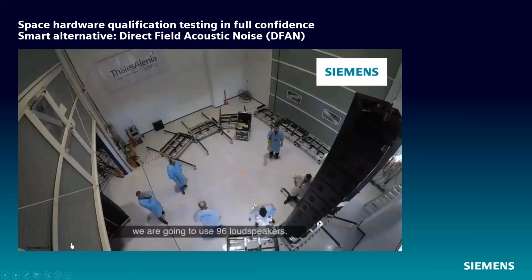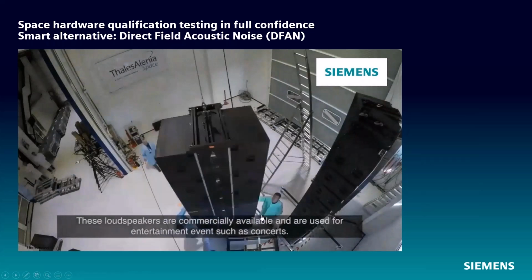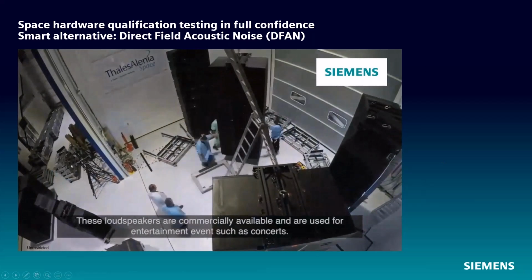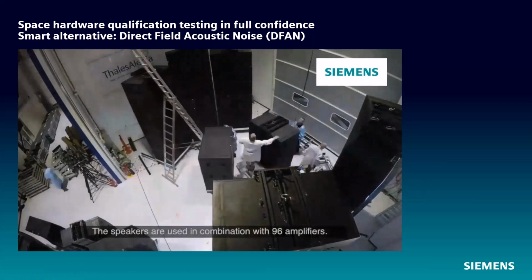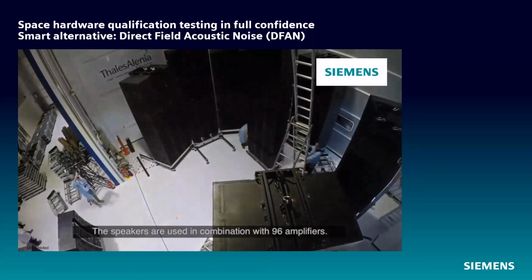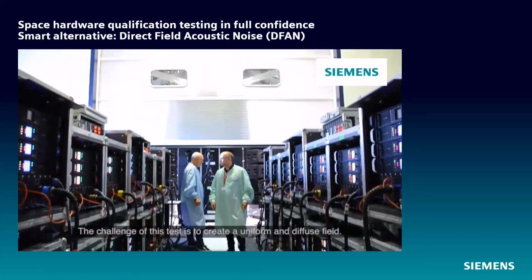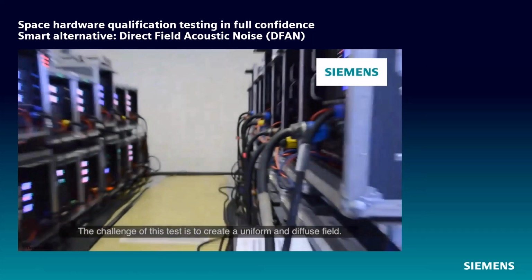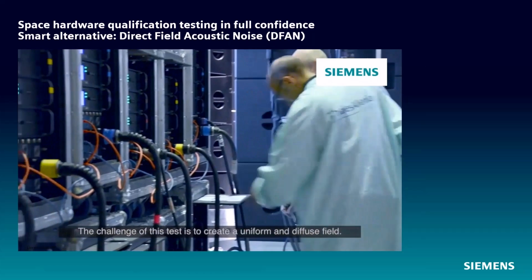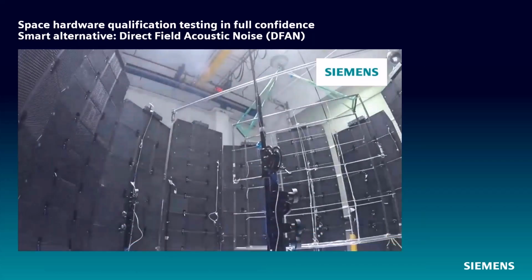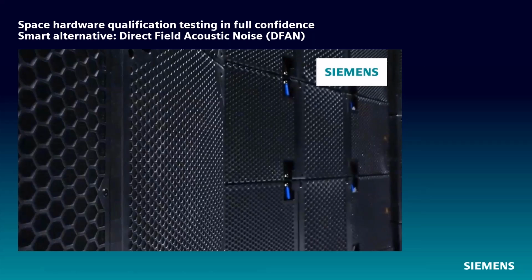So here's a typical setup in time lapse of setting up a DFAN test, and you can see they start putting the speaker stacks together and all the amplifiers. See the control microphones getting set up here.